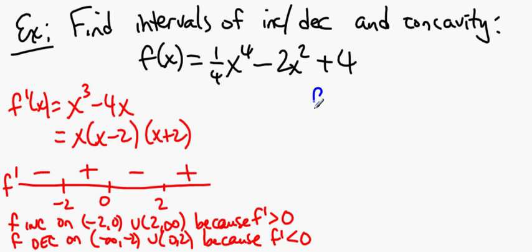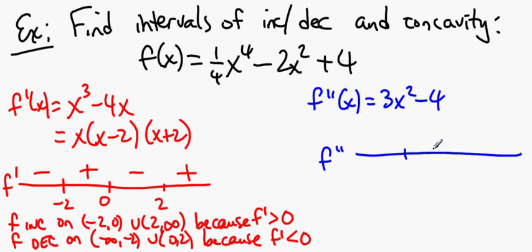But wait, there's more. F double prime of x. Well, that's sweet. And that means that on my f double prime chart, there are two places where f double prime could change sign. One is at 2 over radical 3, and the other is at negative 2 over radical 3.